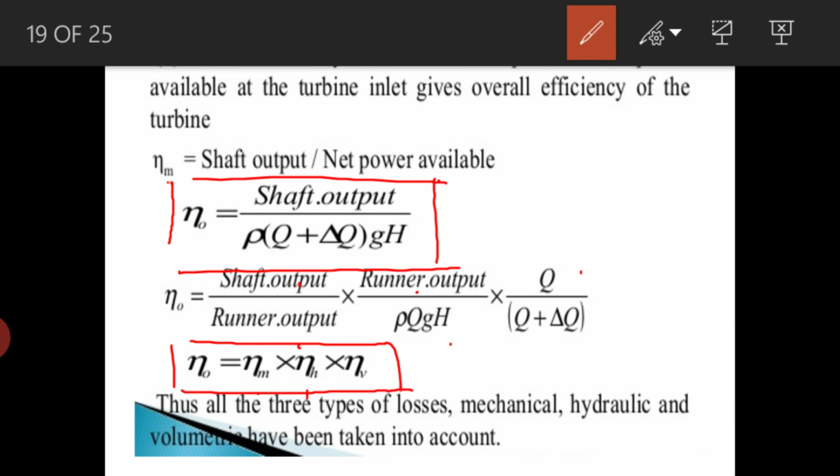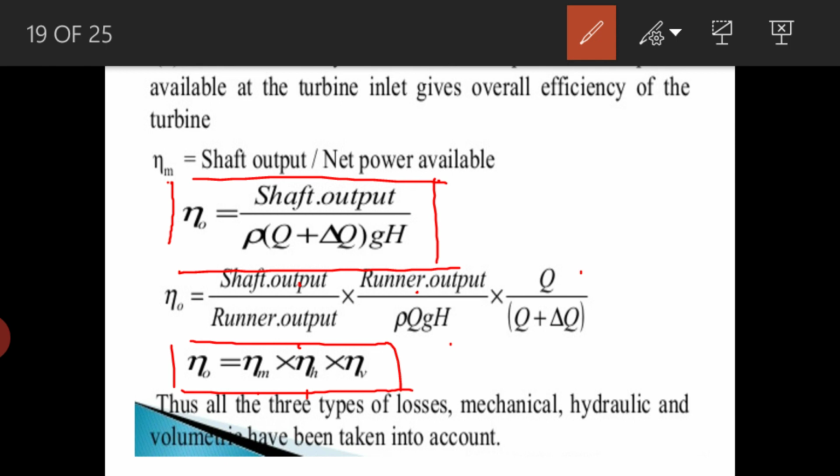These are very, very important when we do the derivation for the impulse turbine by considering the velocity triangle. At that time you should know all these efficiencies as well as the heads involved in the turbine. I hope you understood these things. So please go through it once again and try to understand this.